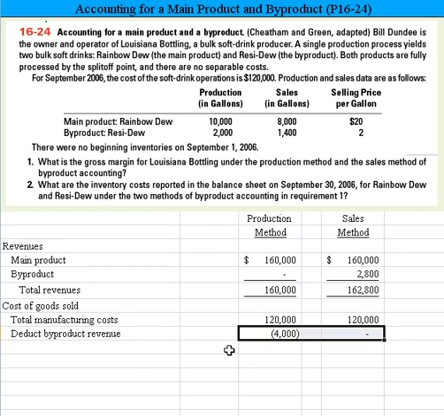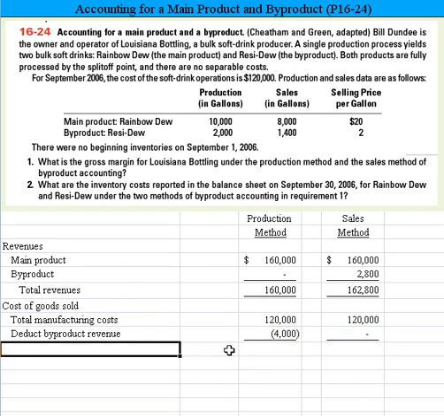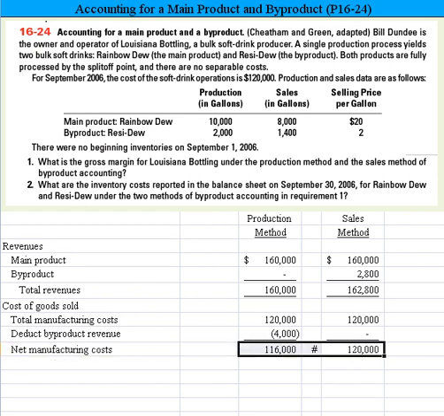And then once we get to there, we can come up with a net manufacturing cost line. Okay, and now we can sum from above, and I'll delete that middle summation. And we come up with now we have a difference in the net manufacturing amounts under the two methods.